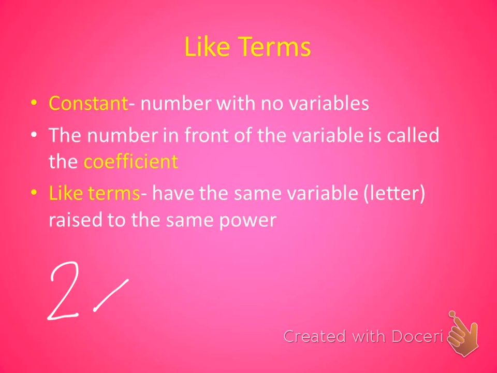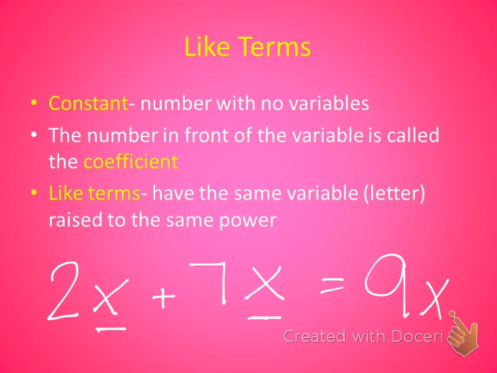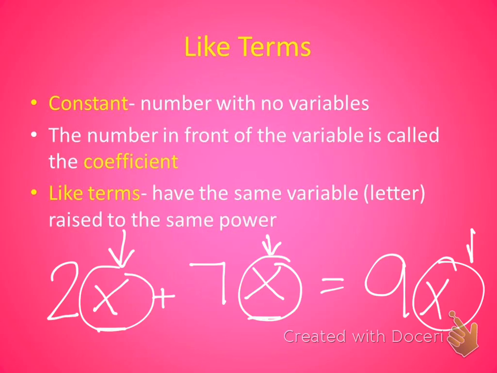Like 2x and 7x would be like terms because they both have a what? An x, exactly. So I can add them together and I can get 9x. Now, what they have in common did not change. I did not make that 9x squared. When you are adding and subtracting like terms, whatever they have in common always stays the same.